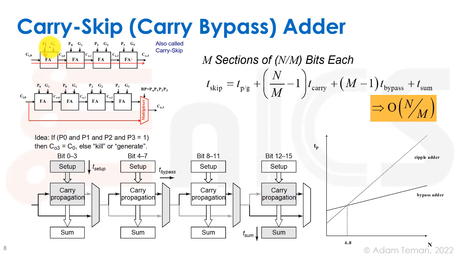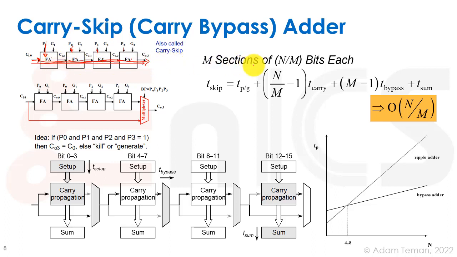The propagate is a function only of x and y, only of a and b. We have to calculate that, and assuming it's propagate, we have to take the carry in and send it through here, and then this is going to be propagate as well, so we send it through here, and so forth. So we get this long delay of the carry, which is going to be something like three carry delays plus the propagate calculation delay.